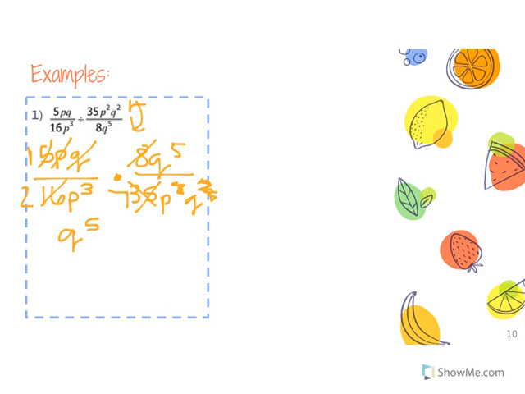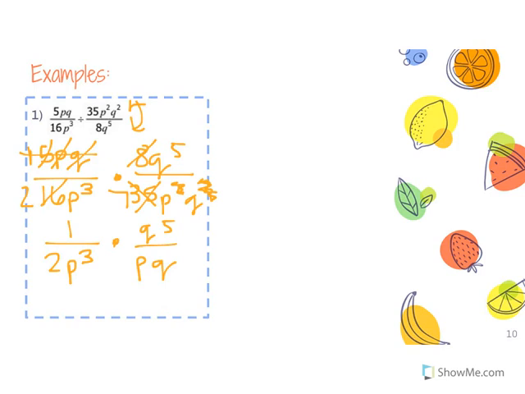And then I have my 2p to the third, and then here, actually let me back up so you guys, it's a little confusing. Let me show you guys what I have left on my fraction. There's nothing left up here, so I just have 1 divided by 2p to the third times q to the 5th divided by pq. So technically I could have divided out one more of those q's, but we could do it now.